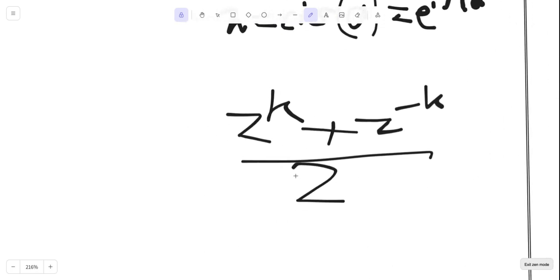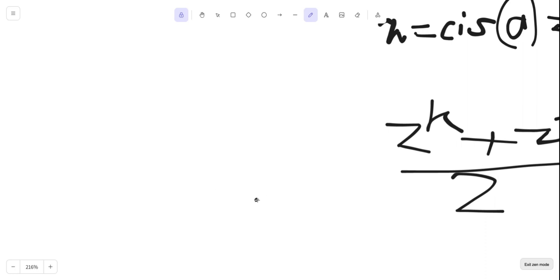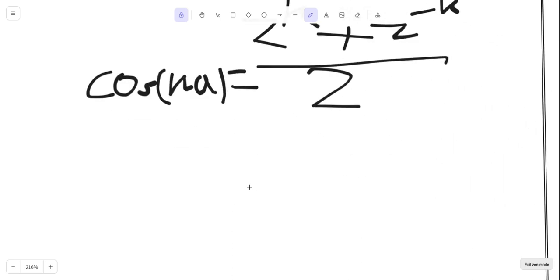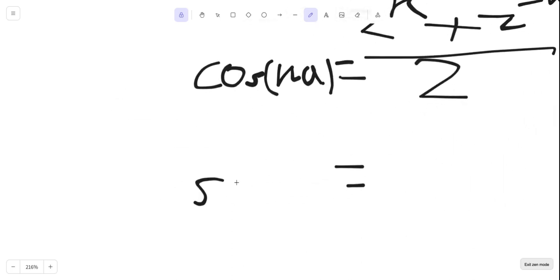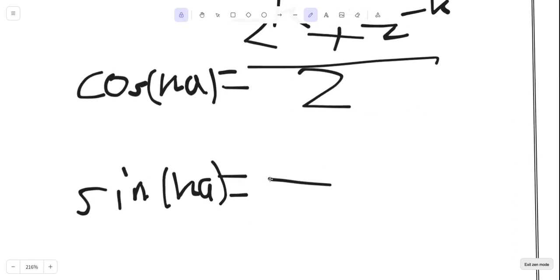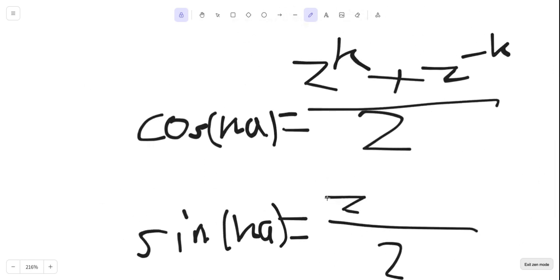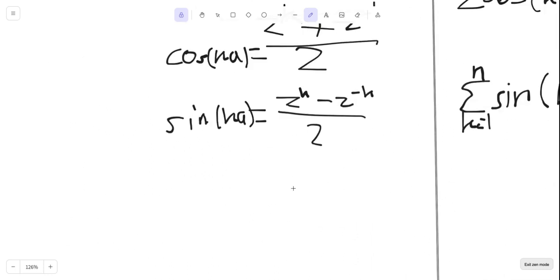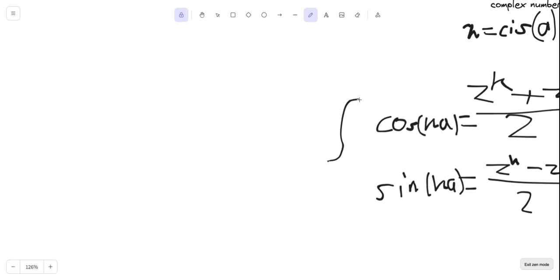That's how you get the cosine. So this would give you the formula for cosine of ka. And then sine, the imaginary part, would be the subtraction of these. Okay, now we have that information.